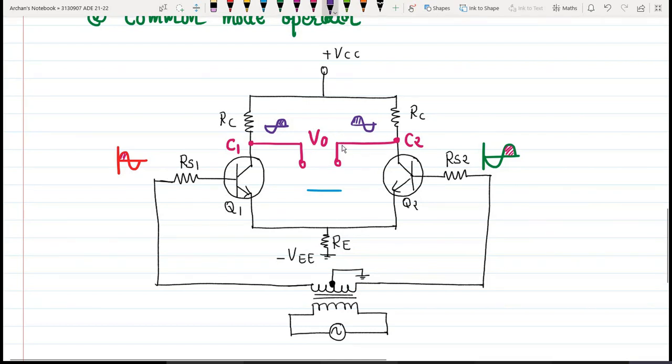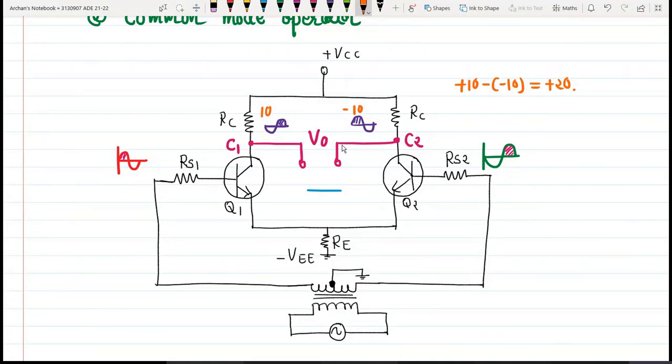Suppose my output over here is say 10 volt, and the output over here is again 10 volt, but they are opposite in polarity, so this will be minus 10 volt. So the output will be plus 10 minus minus 10, and it will become plus 20.